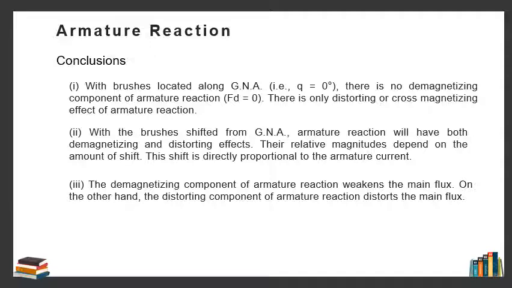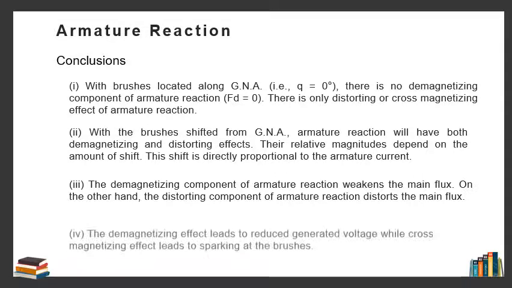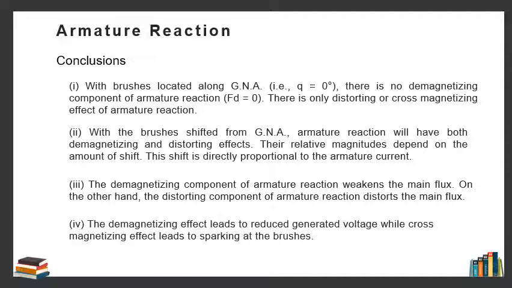Next point, the demagnetizing component of the armature reaction weakens the main flux. On the other hand, the distorting component of the armature reaction distorts the main flux. Point number 4: the demagnetizing effect leads to reduced generated voltage, while the cross-magnetizing effect leads to sparking at the brushes.